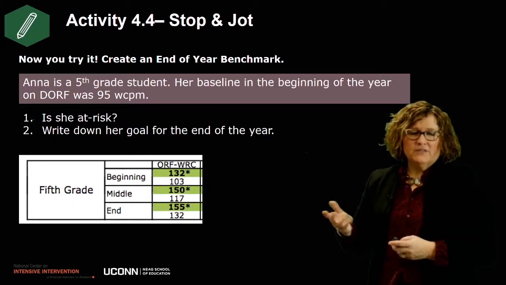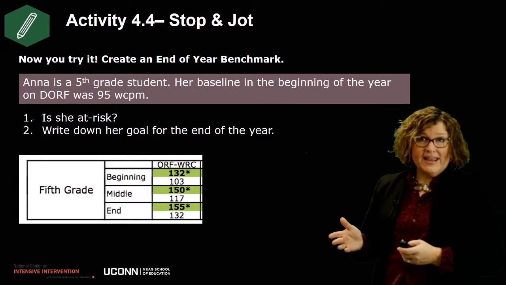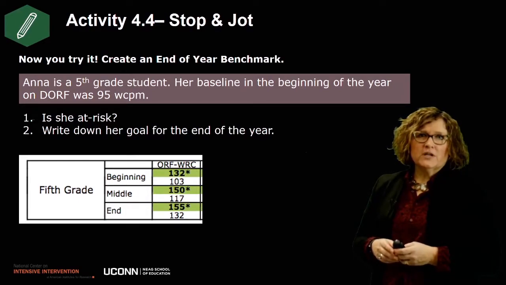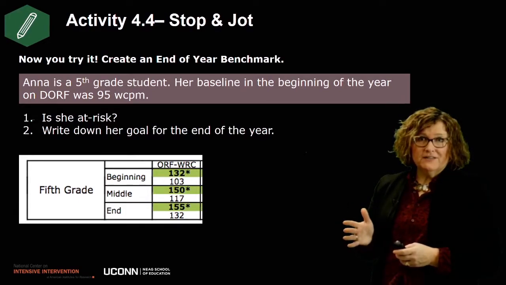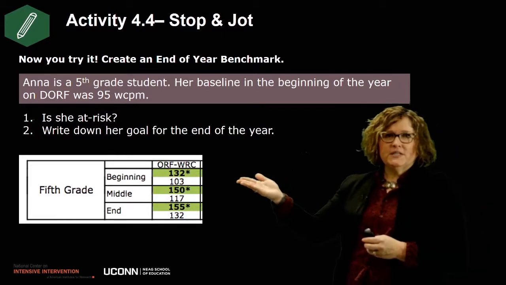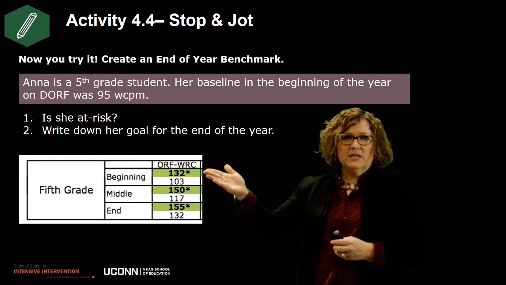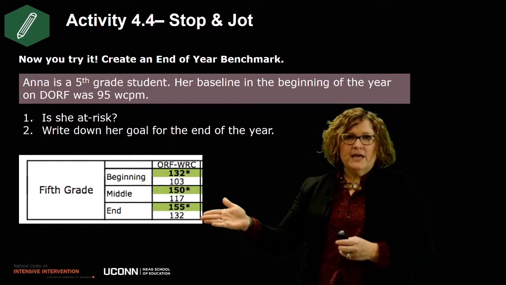And now you're going to give it a try on your own. We're going to set an end of the year benchmark for Anna. Anna's a 5th grade student. Her baseline in the beginning of the year on DIBELS oral reading fluency was 95 words correct per minute. Below here you see the 5th grade norms for oral reading fluency, beginning, middle, end of year.